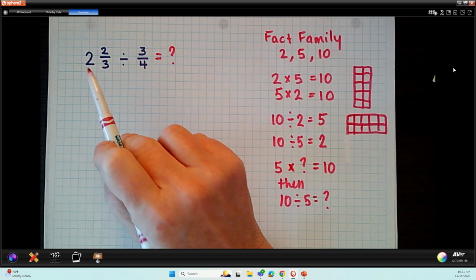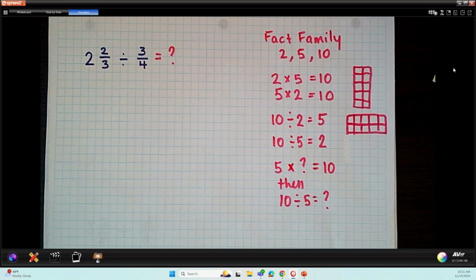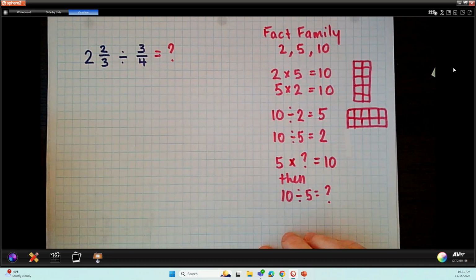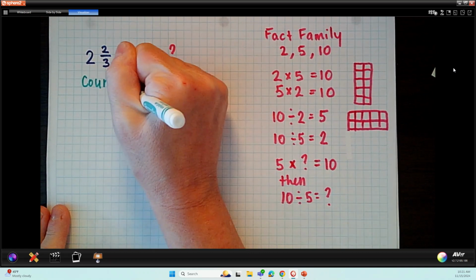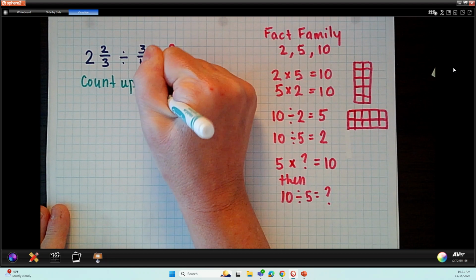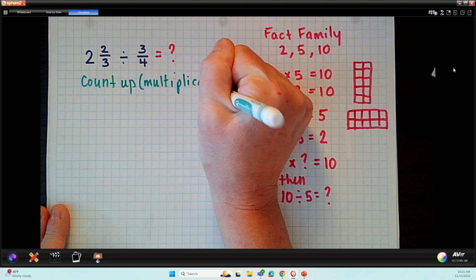So we would say, okay, if I want to figure this out and I want to maybe illustrate it or draw a picture, I can use multiplication. I can count up. Count up is just multiplication if I don't want to divide.